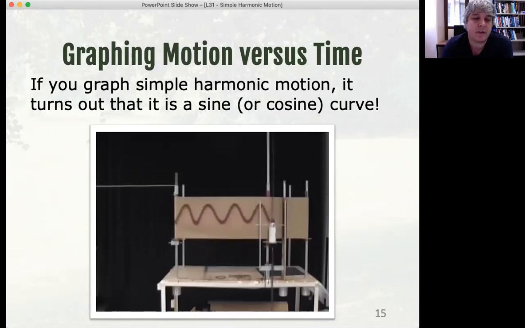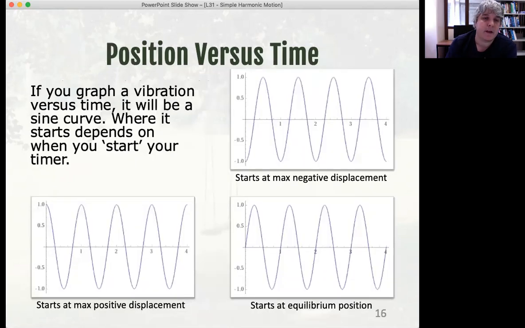The position of this spray can in this case, which is the mass on a spring, is oscillating, and the position looks like a sine curve over time. And hopefully that makes sense given all the stuff we were just talking about. These are actually three graphs of position at this point. So position versus time. Remember that you can choose your time origin as well.